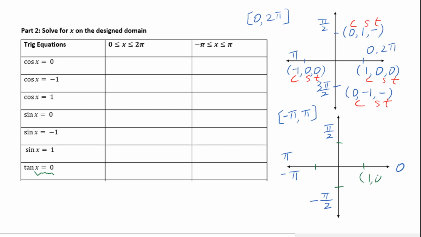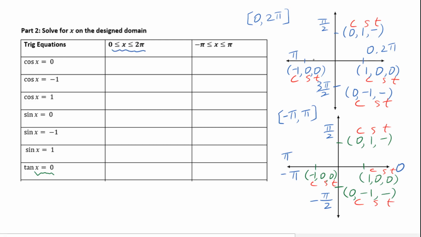This is 1, 0, 0. This is negative 1, 0, 0. 0, 1, undefined. And 0, negative 1, undefined. The coordinate is always CST.